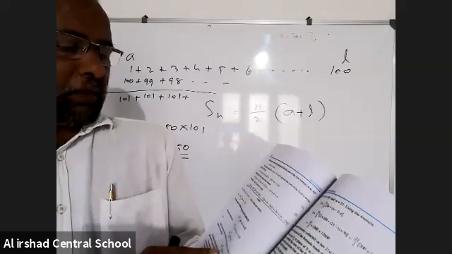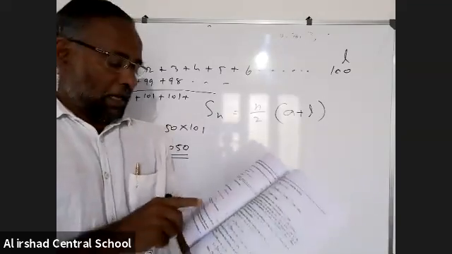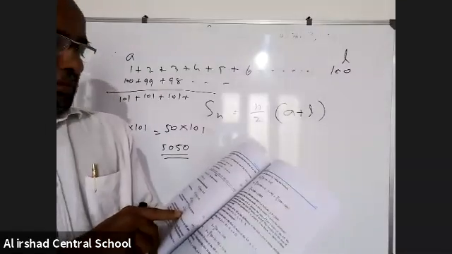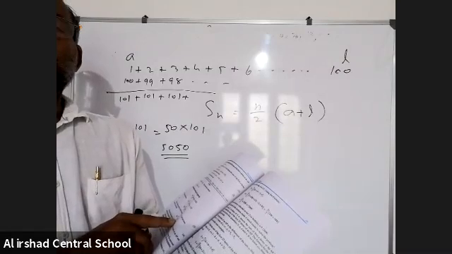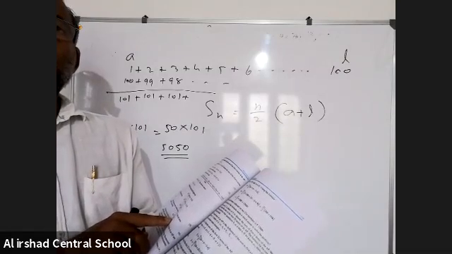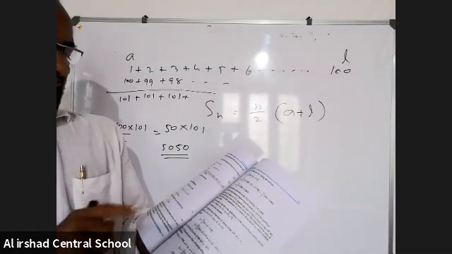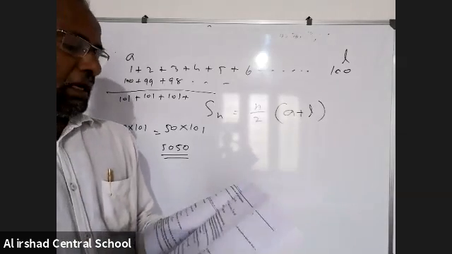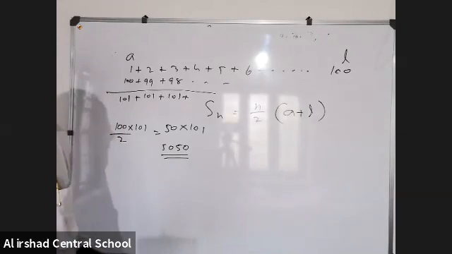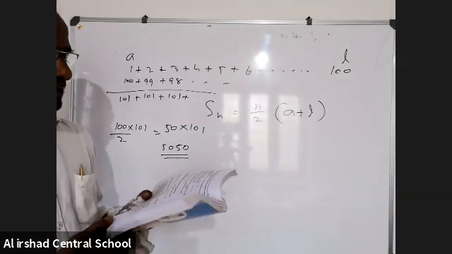Sn is equal to n by 2 into a plus l. That is n by 2 into first term plus last term. Sn, sum of the n terms.